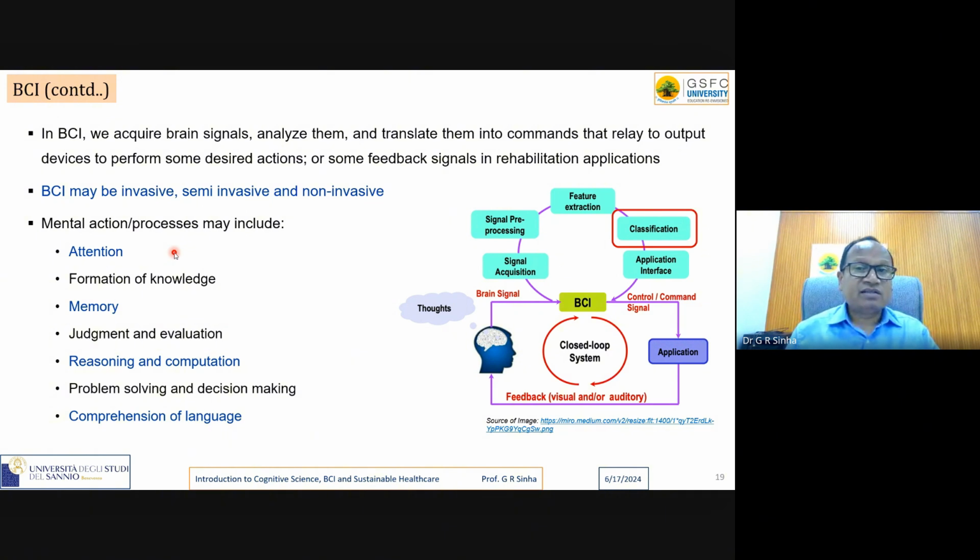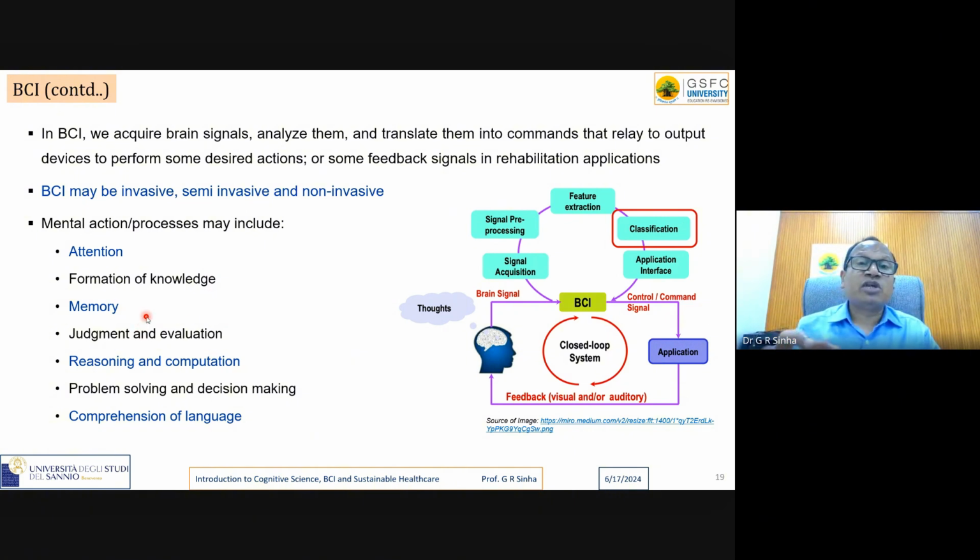Can we study it? The answer is yes. Formation of knowledge, how do we acquire knowledge, how do we gain knowledge, how do we improve the development of knowledge? Can it be studied? Answer is again yes, with the help of BCI.